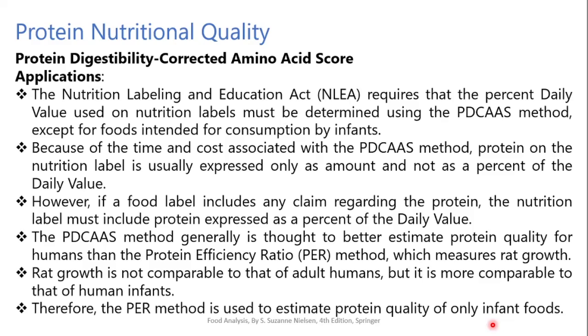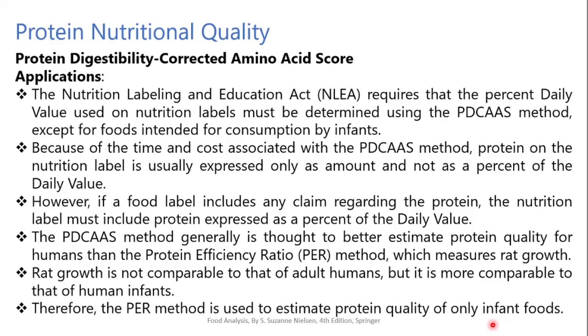Because of the time and the cost associated with the method, protein on the nutritional label is usually expressed only as an amount and not the percent of the daily value. However, if the food label includes any claim regarding protein, the nutrition label must include protein expressed as the percent of the daily value.